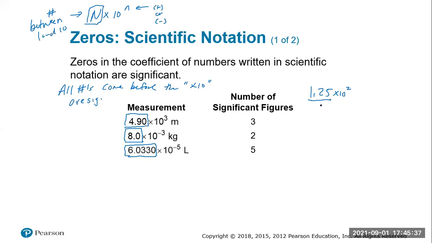But let's say I did the calculation and I needed 2 significant figures. I could do that very easily by going 1.3 times 10 to the 2. Now this has 2 significant figures. If I needed 1 significant figure, I could simply go 1 times 10 to the 2. Now I have 1 significant figure. Because in scientific notation, you can control how many significant figures you write for an answer, it's sometimes the only way to get yourself to the right number of significant figures. Any questions on that?